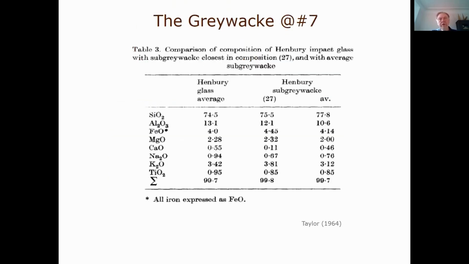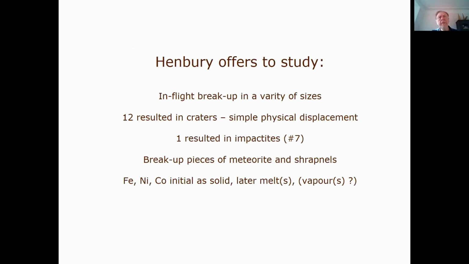And the chemistry of the glasses compared to the sub-graywacke, when we take away the volatiles, shows a very good correspondence. That means there is virtually no separation of the elements during the impact. Evaporation is an actual concern in these high energy processes.